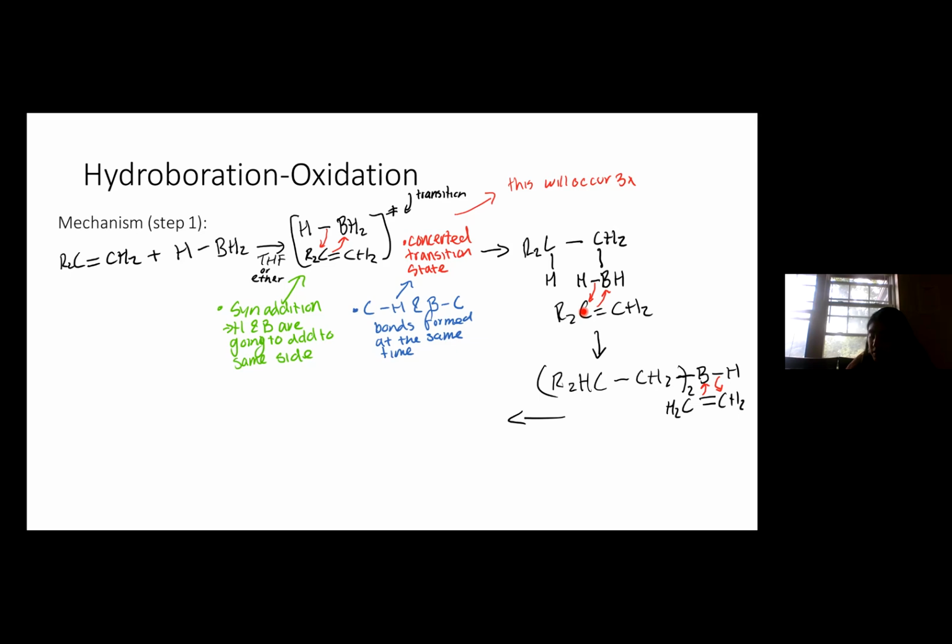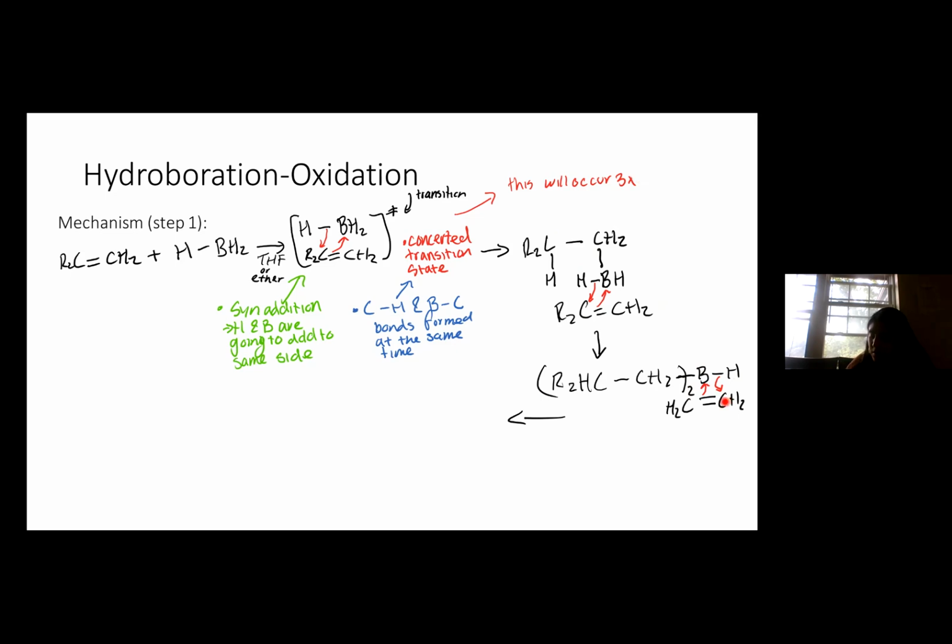So now we have, as you can see here, parentheses denoted 2, because this is going to create another substituent that looks like this. So there's 2 substituents that look like this, so we can just denote it with parentheses 2. And then that B is still attached to an H. And then again, the same thing is going to occur because this is going to occur 3 times.